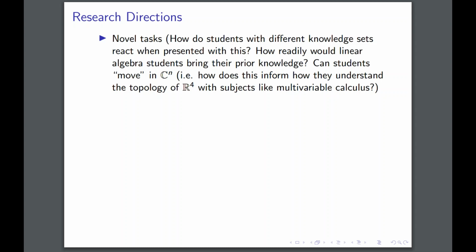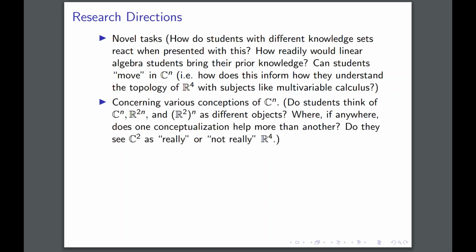Another is, how do students bring their intuition on how to quote-unquote move in Cn, right? Can they envision what a path looks like? A path being a map from the interval 0, 1 into the space, a continuous map. Next is the various conceptions of complex vector spaces themselves, right?